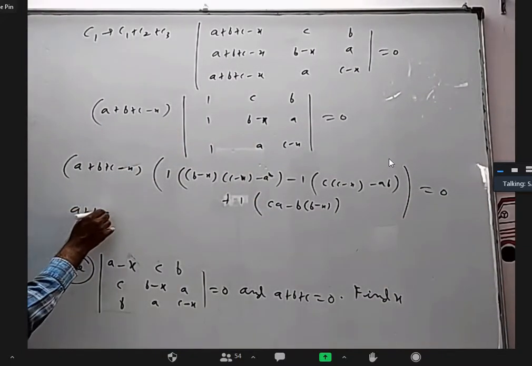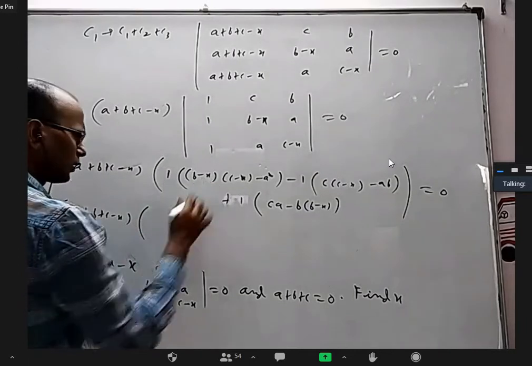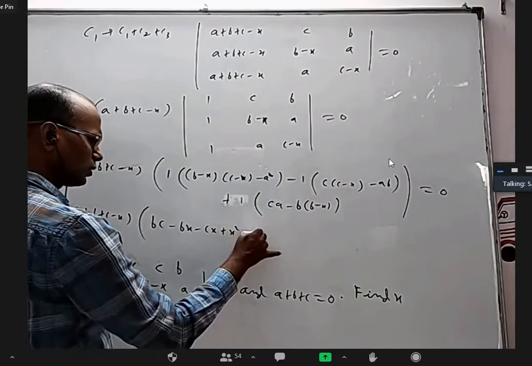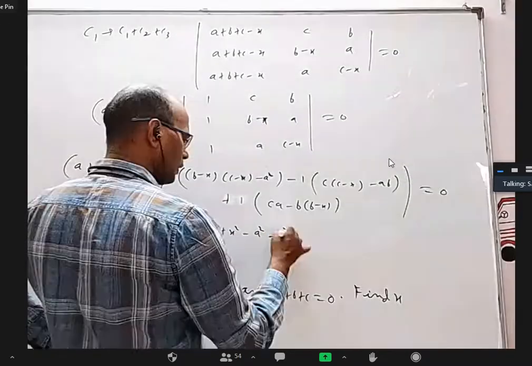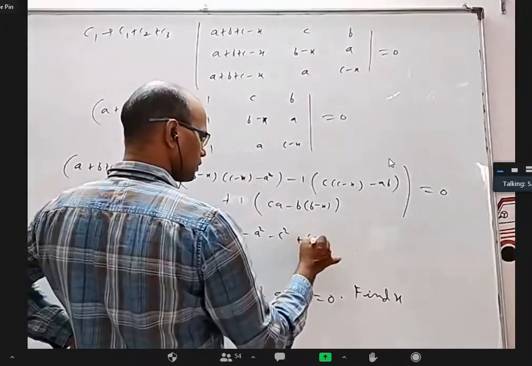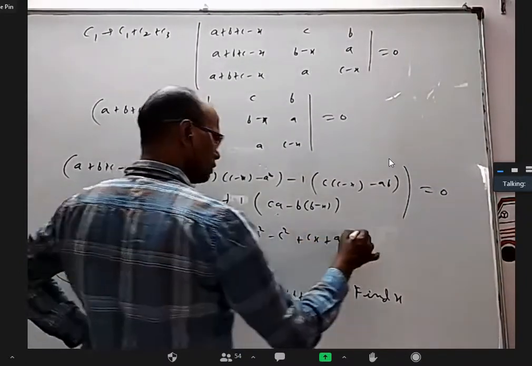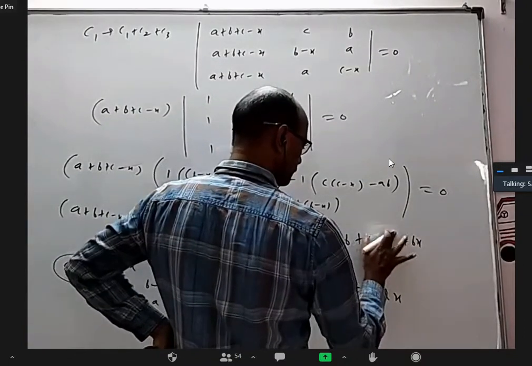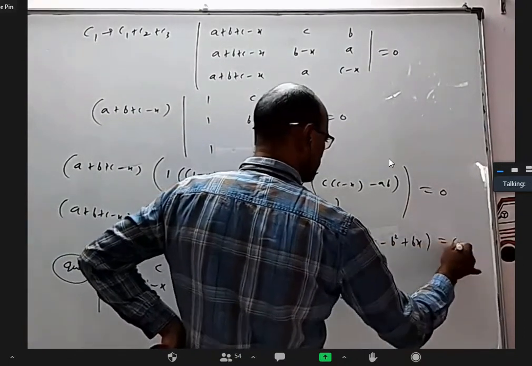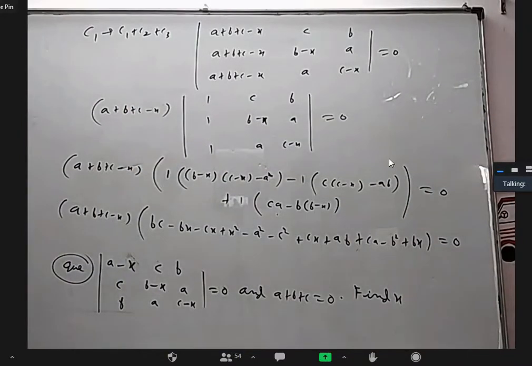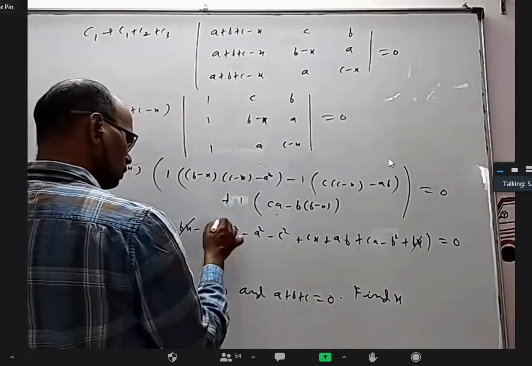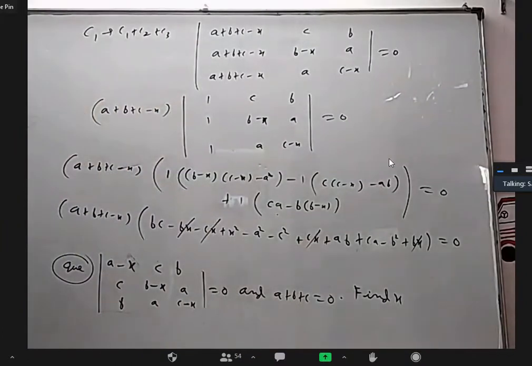If I expand this, I'll get bc minus bx minus cx plus x square minus a square, minus c square plus cx plus ab, plus ca minus b square plus bx. Plus bx minus bx got cancelled, minus ax plus ax got cancelled.